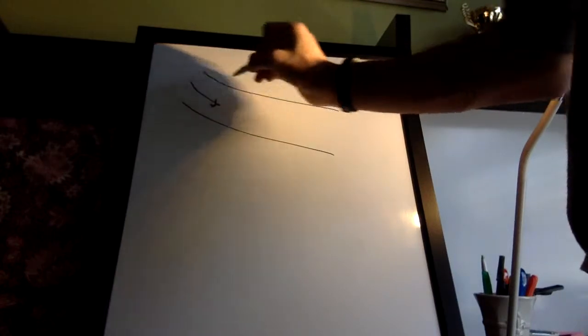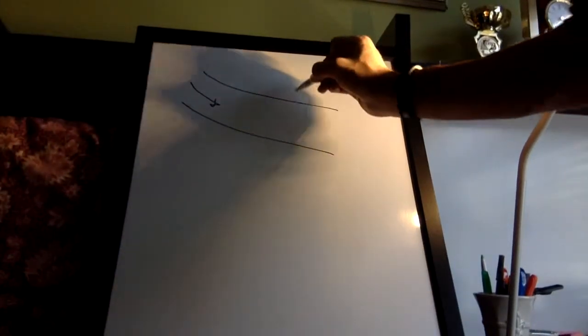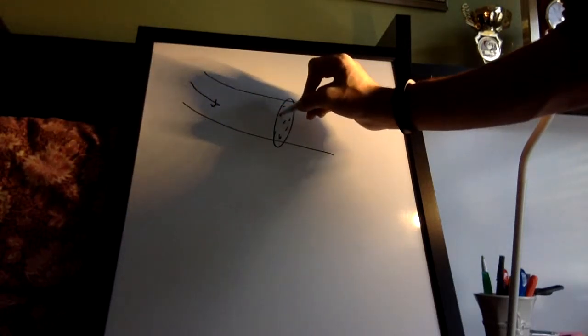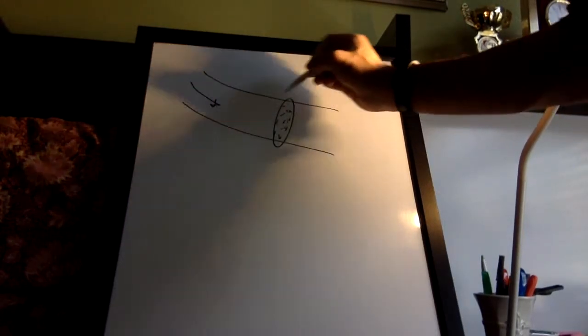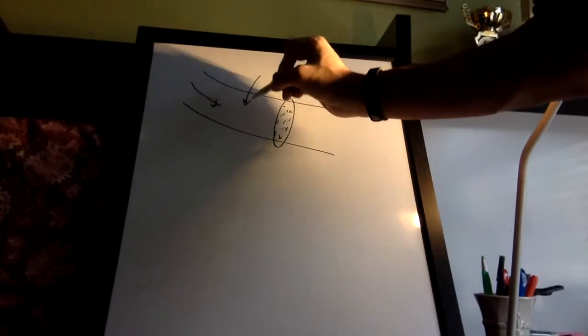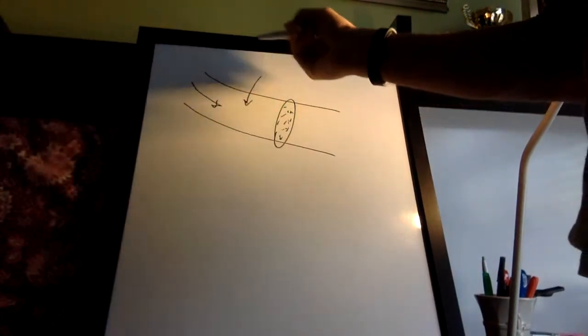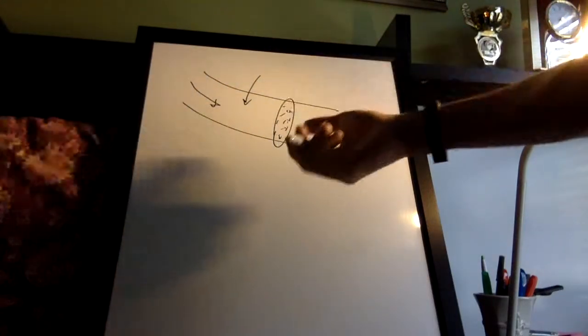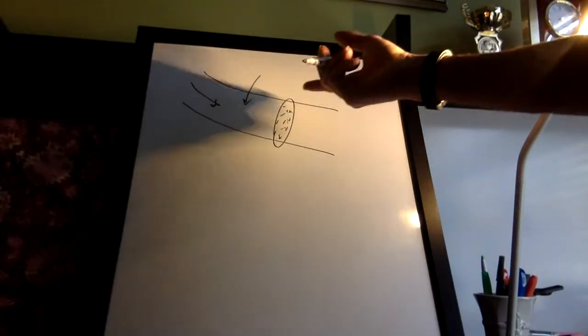Alright, so now let's talk about filters. So you have a pipe, and you have a current of water flowing through the pipe, and you've got a filter right here. These are the little pores in the filter. And so you release some dendrimers in there, and they can be for any really specific purpose, so they can adhere to plastics or heavy metals that are in the water.